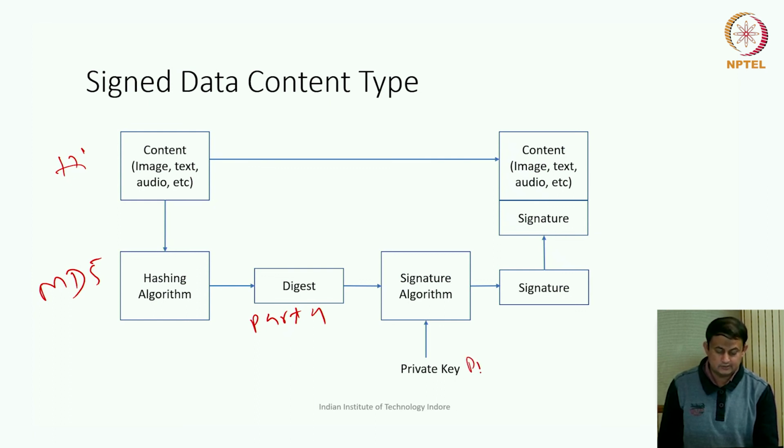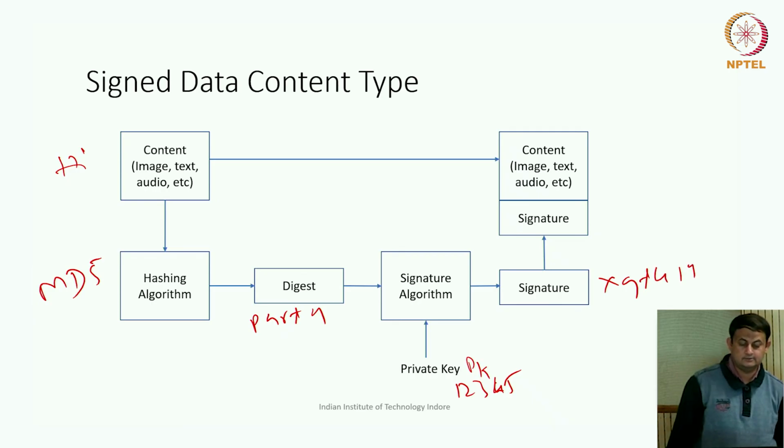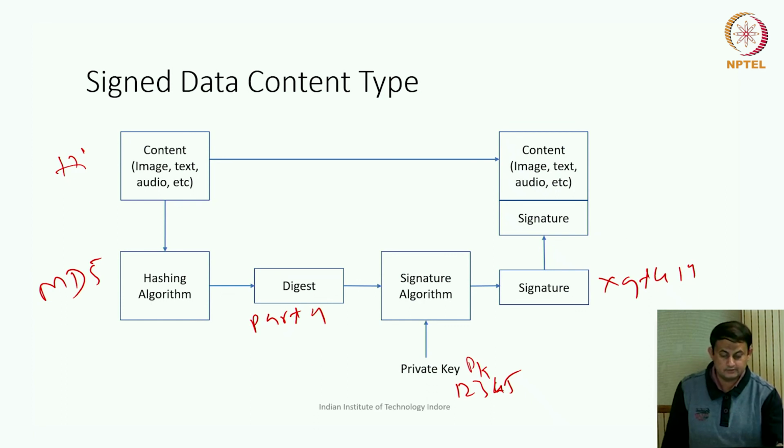This is usually the private key PK that is used as a means to sign, and then you get the signature. So PQRT9, when you encrypt using the private key, let's say it is 1 2 3 4 5 for the sake of concern, and then you get a text something like this, maybe X9T419.